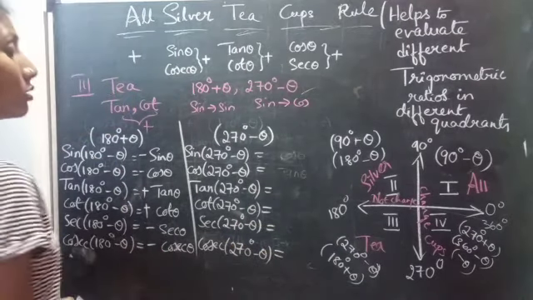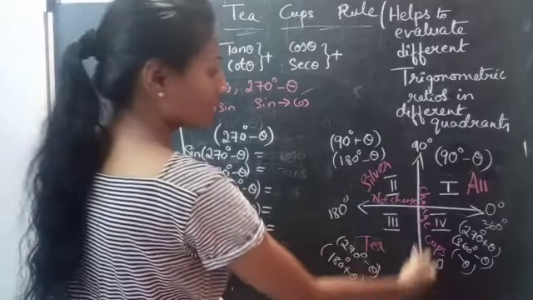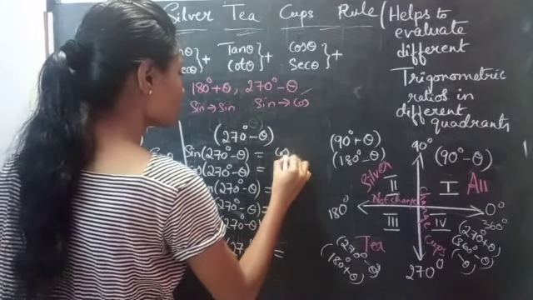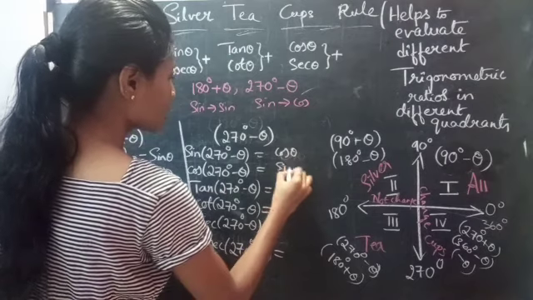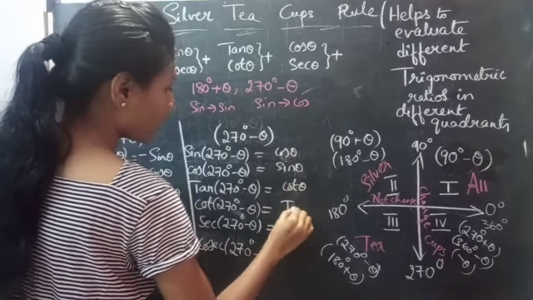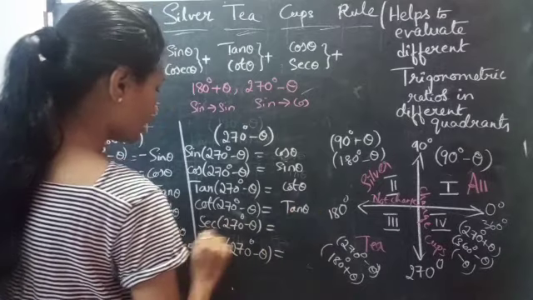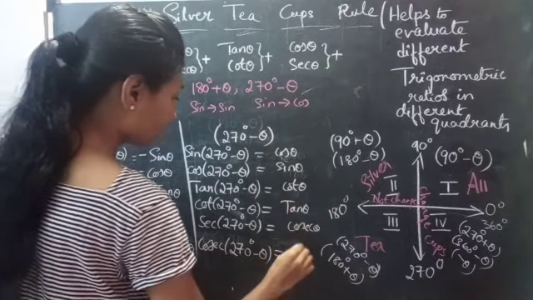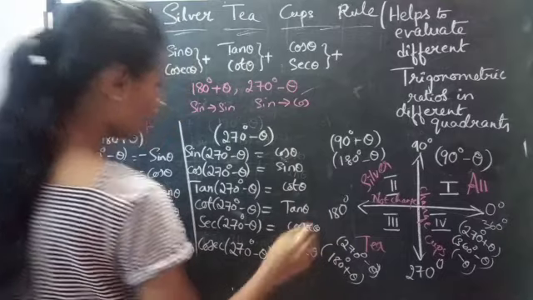Okay. So for 270, the functions change. Sine to cos, cos to sine, tan to cot, cot to tan, secant to cosecant, cosecant to secant. Okay.